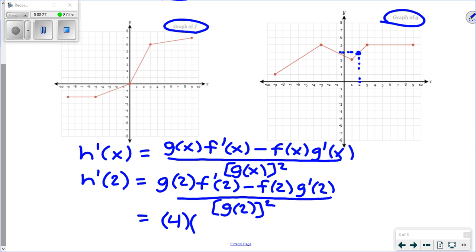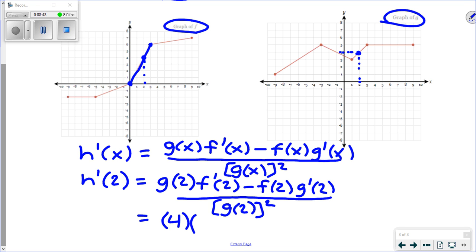Okay, then we're going to find f prime of 2, but remember f prime means slope. So I'm going to go over to the graph of f, and I want to find the slope when x equals 2. Here's where x equals 2, which means I'm finding the slope of this line. So I'm just going to figure out rise over run.